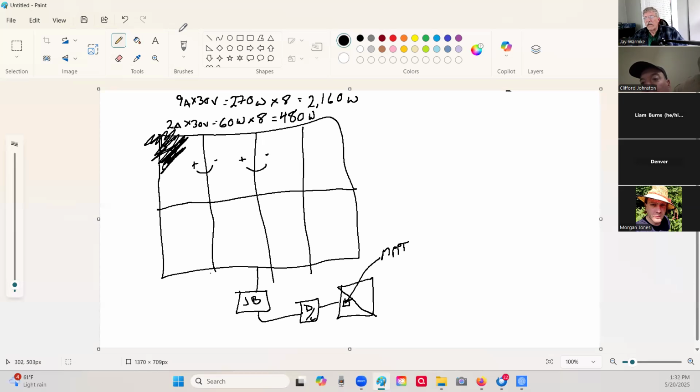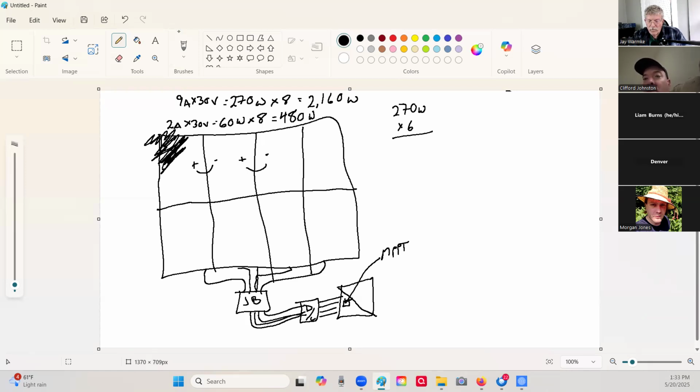Well, in one situation, let's just make it simple. Let's assume we've got 4 strings coming in. So 4 strings of 2. And then we continue on with 4 strings, and then we have 4 MPPTs in our inverter. Well, then 3 of these strings are going to be behaving normally, unaffected by that shading.